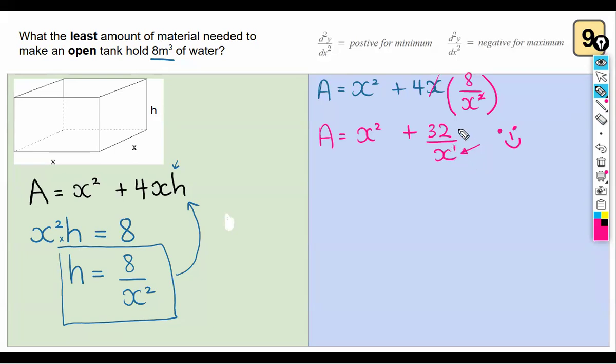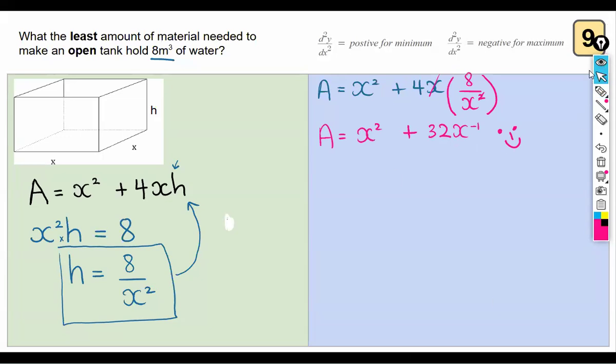Throw him on top and make him X to the power minus 1. It's going to make your life easier when it comes to differentiating it. So take it from there, guys. Differentiate once, put it equal to 0, and see if we could solve for X.